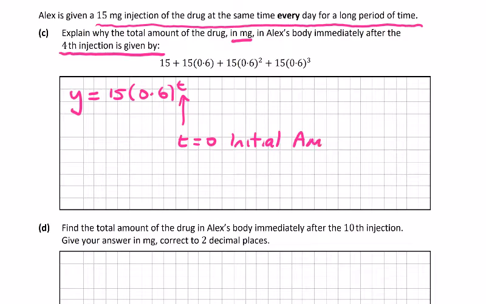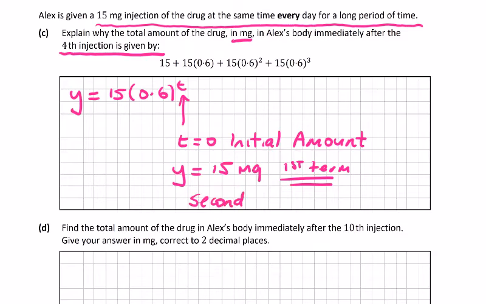So we're to imagine that when time is equal to 0, before he even gets the drug, there's going to be 15 milligrams. So that's my first term. And then subsequently, the second is 15 by 0.6. And the third would be 15 by 0.6 squared and so on. I think that's enough of an explanation.